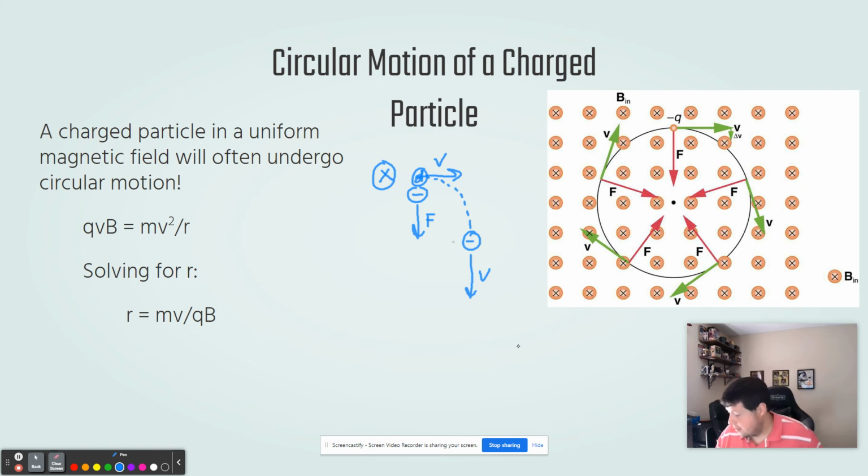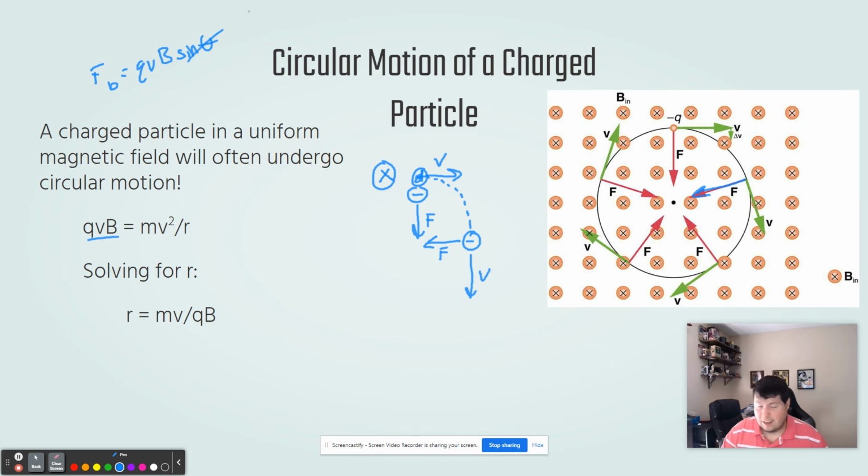I've got to flip it, and so it's to the left for a negative particle. And so you can see that that force is always going to be pointing toward the center, hence why you get circular motion.